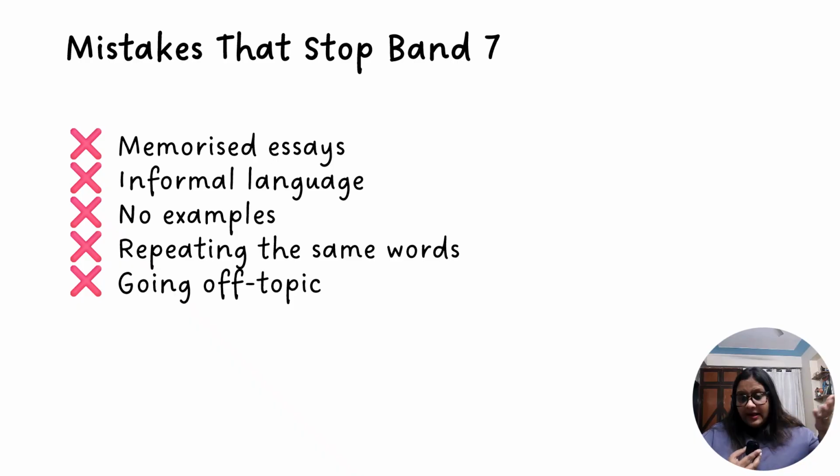Then repeating the same words. Yes, please avoid repeating the same words. I am not saying that you have to use any hi-fi vocabulary. No, that's okay. But please avoid repetition. Use synonyms of some words, especially in the writing section as well as in speaking. When we say she was looking good, instead of good we can say she was looking fantabulous or some other word.